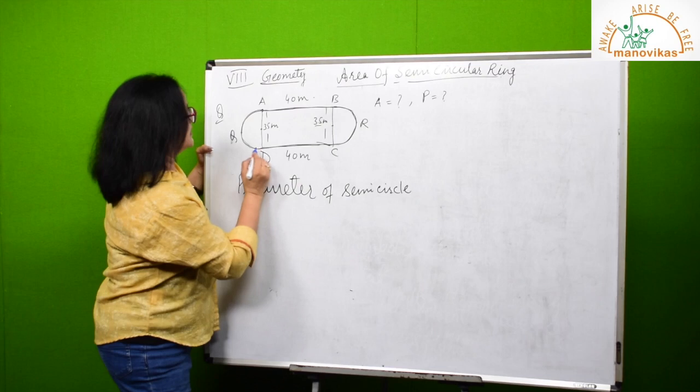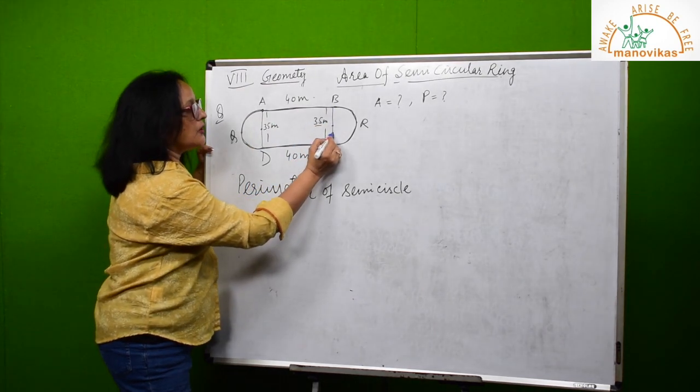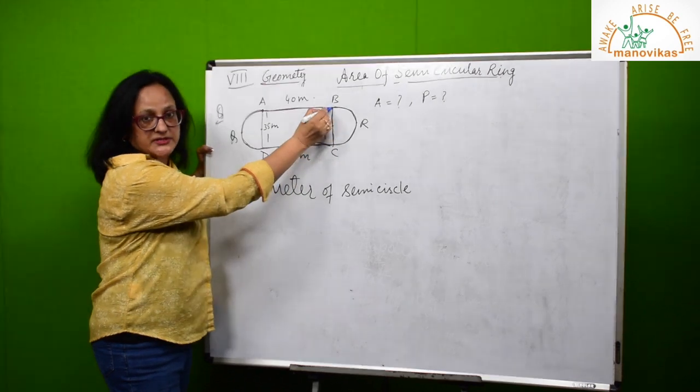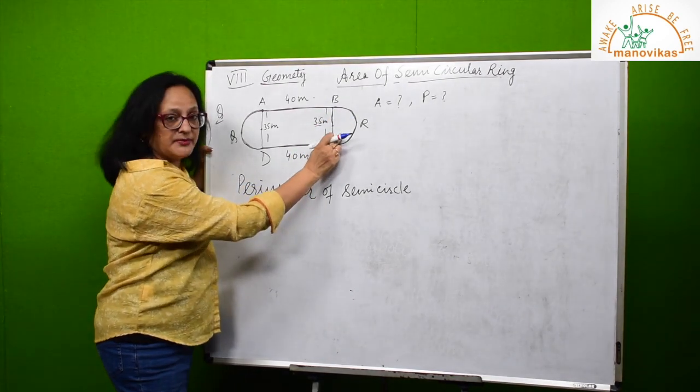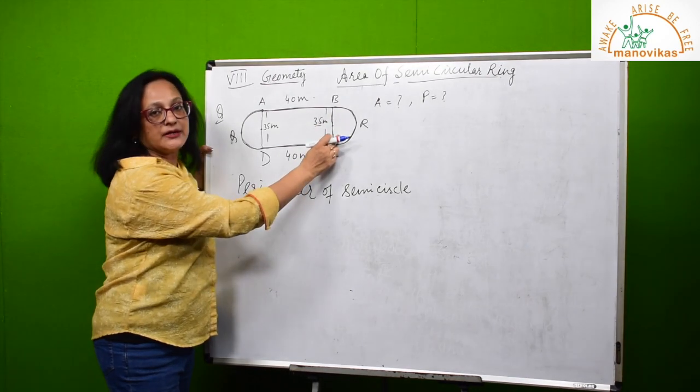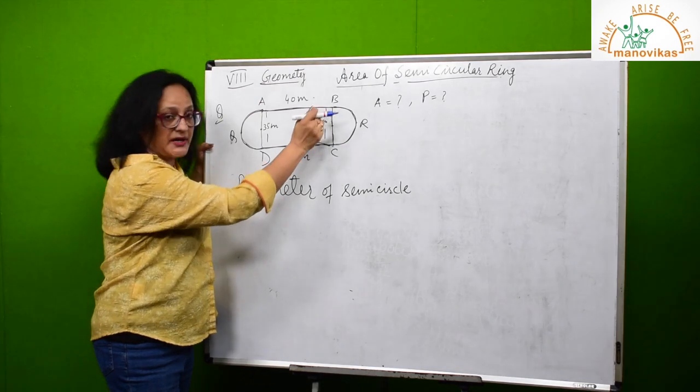In this, you have seen, we have never walked along the diameter of this semicircle. So if you take the semicircle perimeter, this diameter will be included. That is not required here because we have not gone on this path.